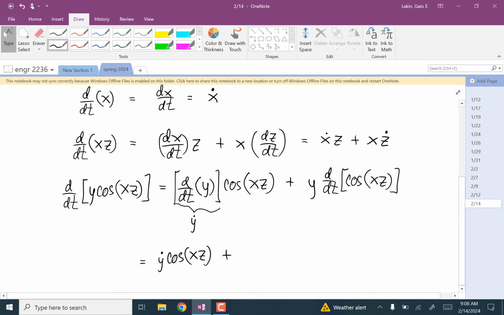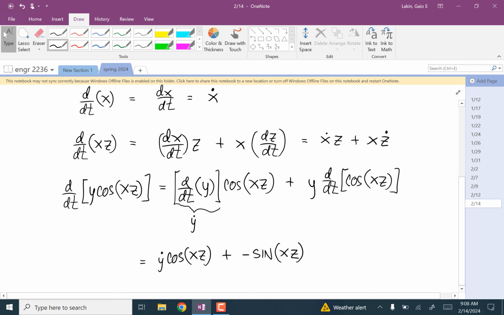So the first thing, let's deal with the chain rule because you have this xz inside our cosine function. For that, we're going to go negative sine of xz.